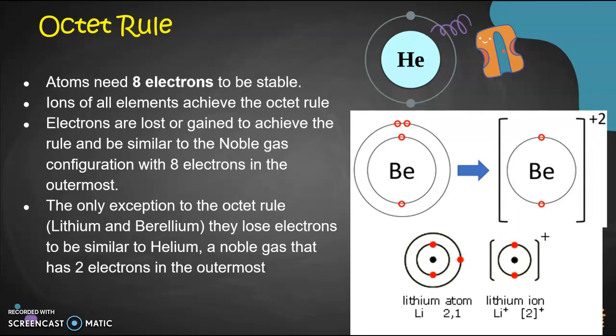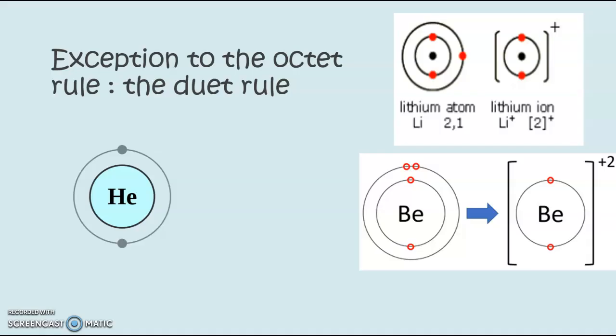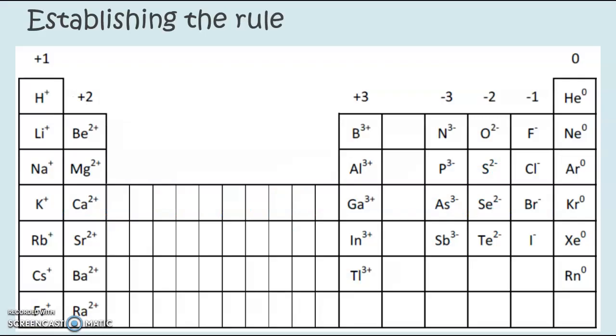And this is what we call a duet rule. So a duet rule will apply only to these elements, beryllium and lithium, which tend to look like the noble gas helium with 2 electrons in the first shell.